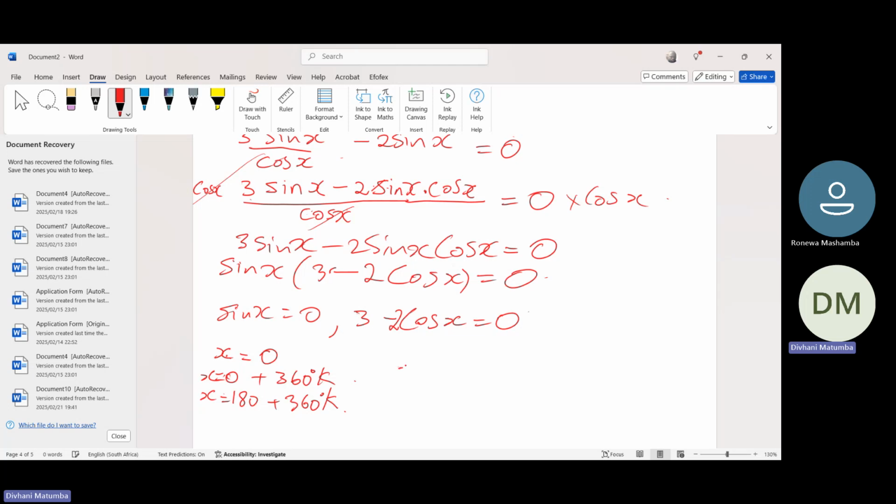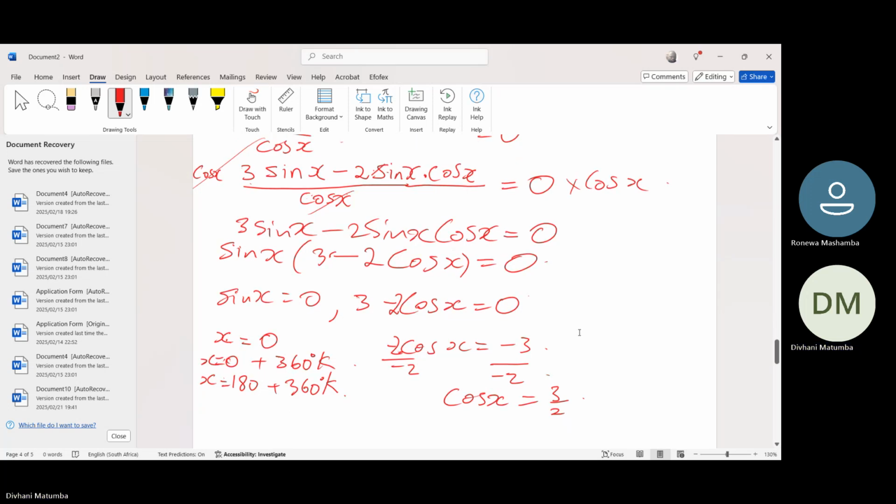Yes, and then we can divide both sides by negative 2. Then cos of x is equal to 3 over 2. Okay, now let's do the angle.